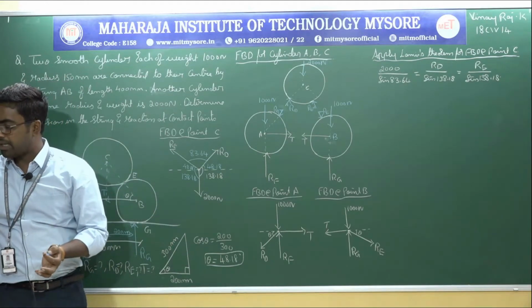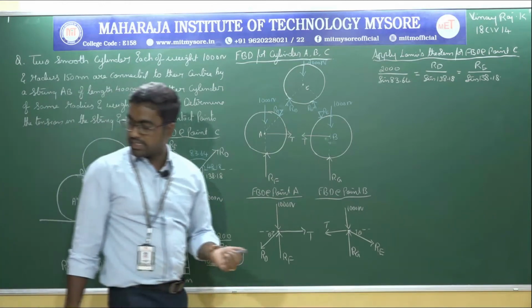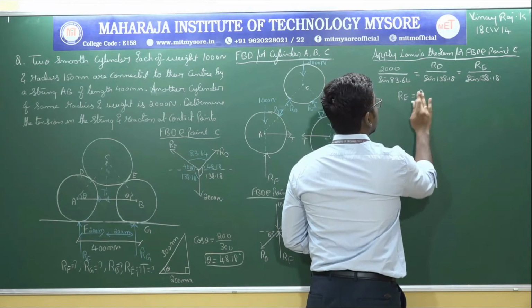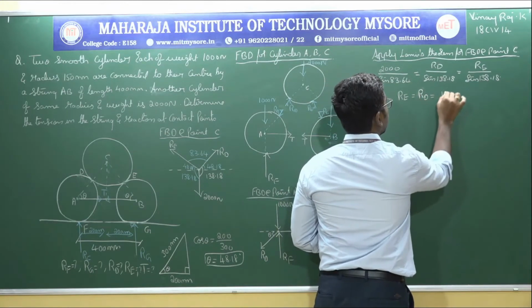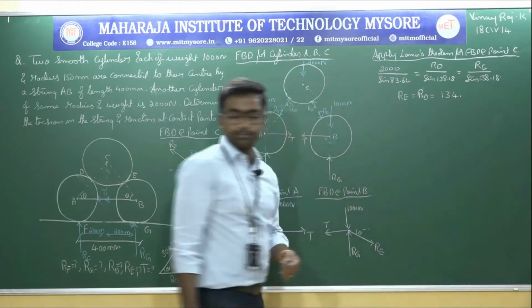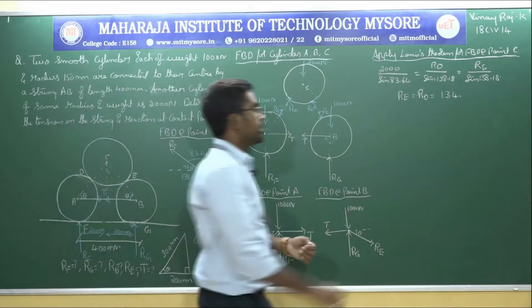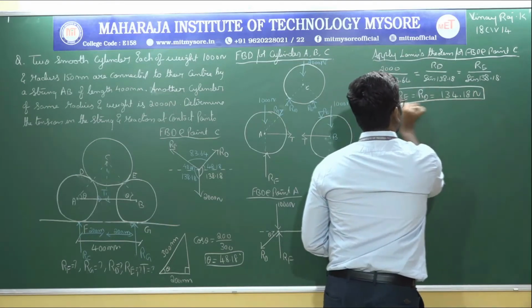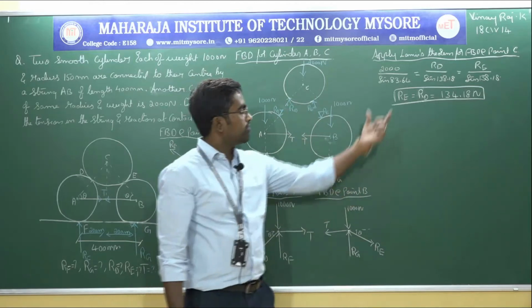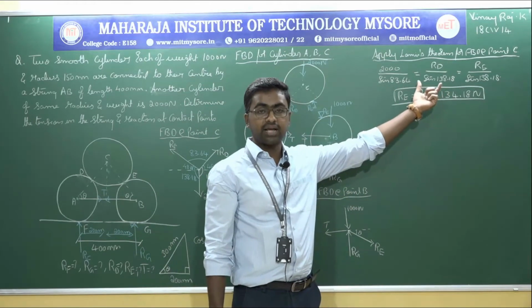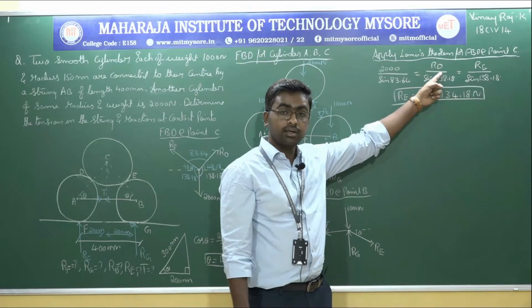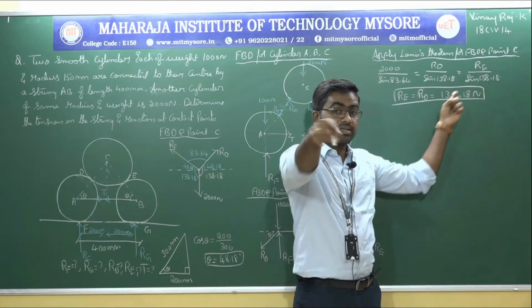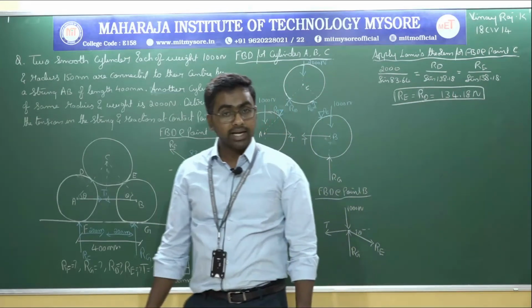So RE is equal to RD, which is equal to 134.18 Newton. You can check that, right? First you equate two terms at a time and calculate RD, then equate the other two terms and calculate RE, and you will get the same answer.